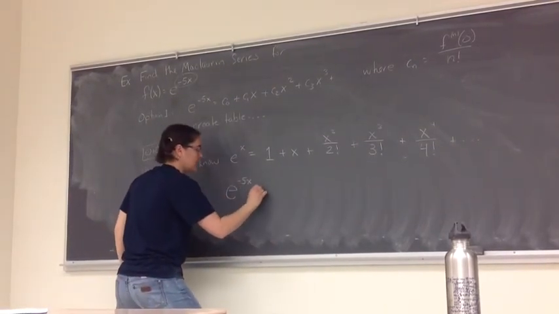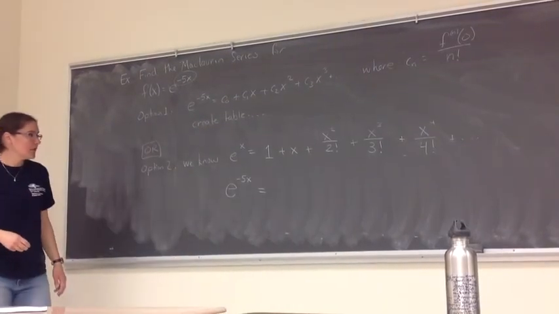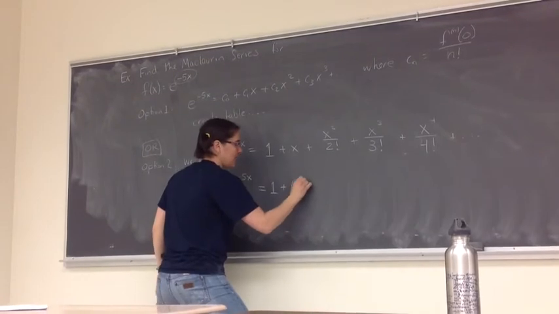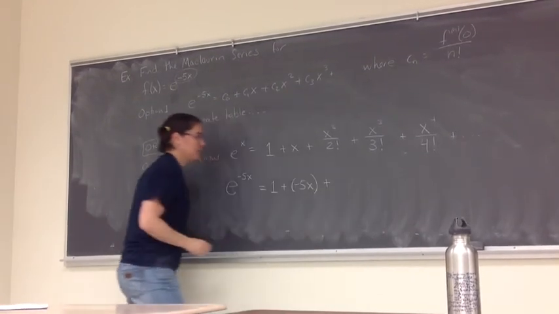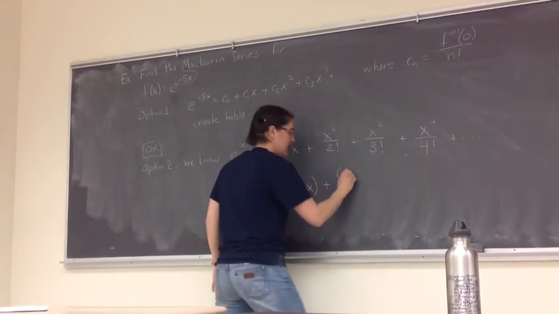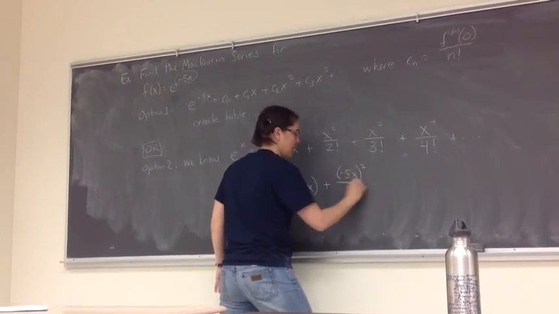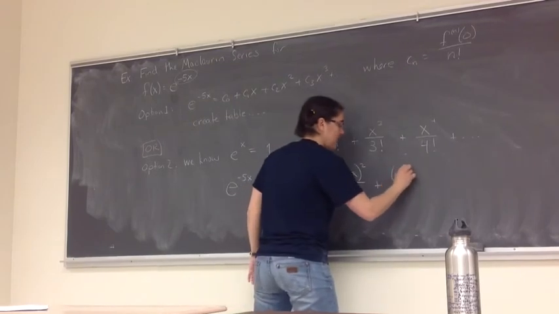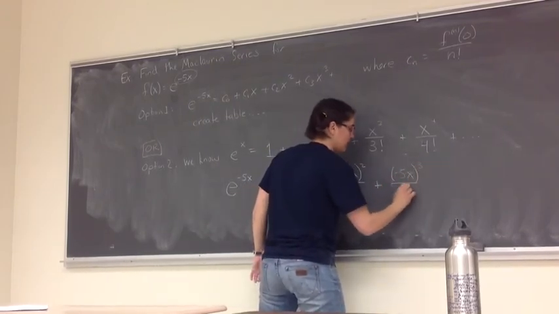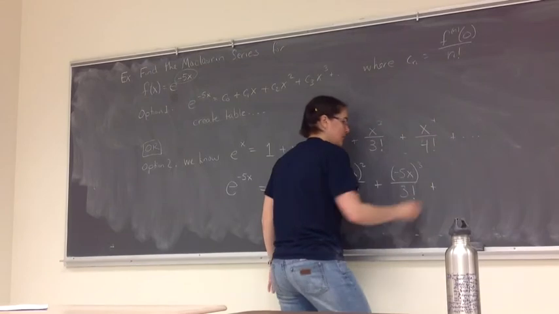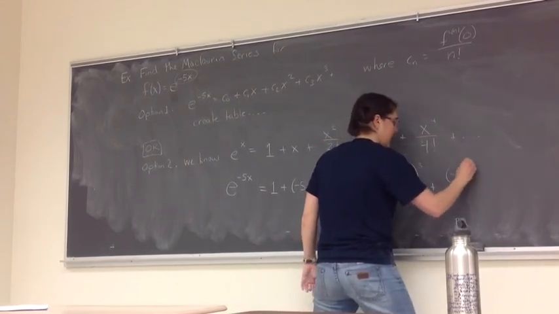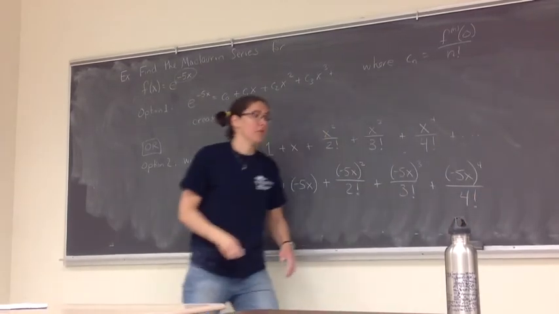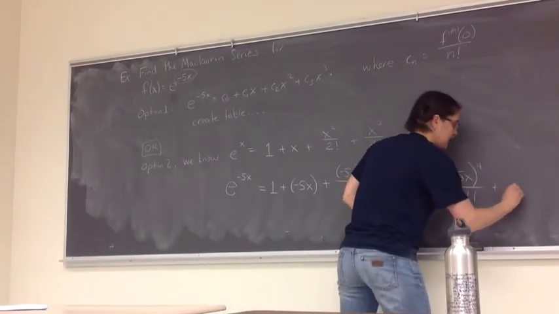So I've got e to the minus 5x is equal to 1 plus negative 5x plus negative 5x quantity squared over 2 factorial plus negative 5x quantity to the third over 3 factorial plus negative 5x quantity to the fourth over 4 factorial plus dot dot dot.